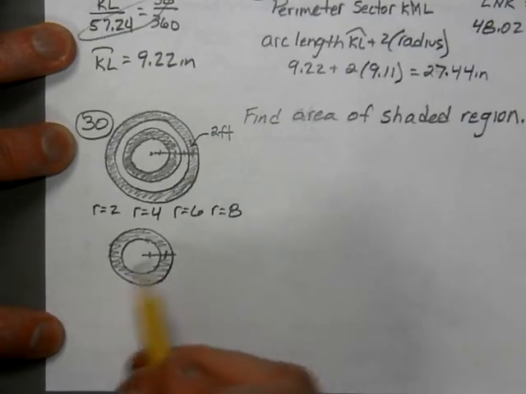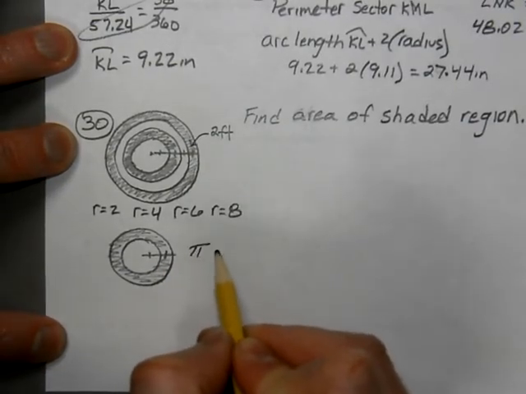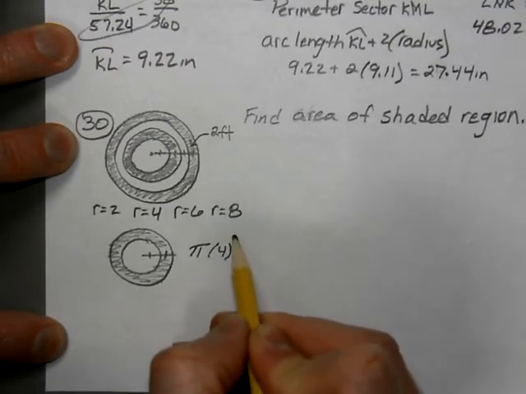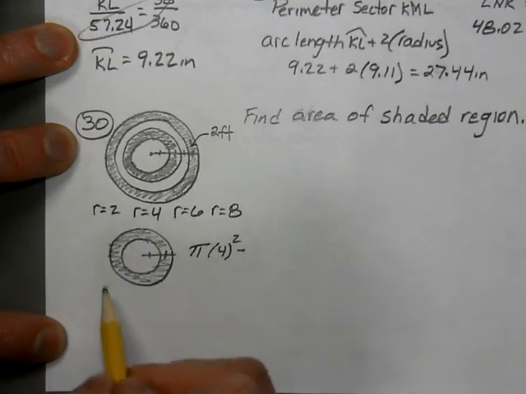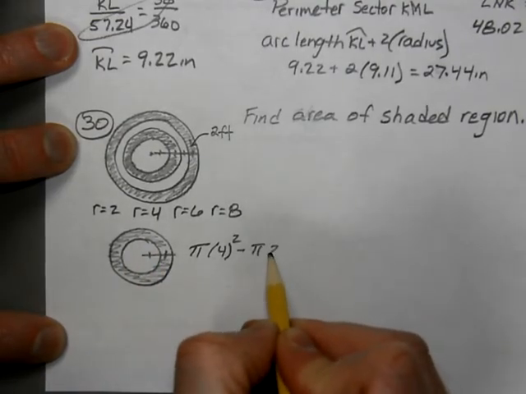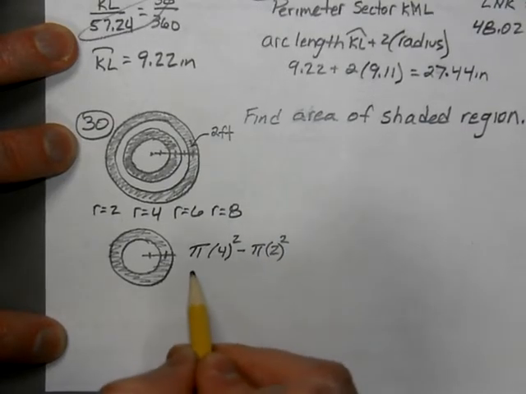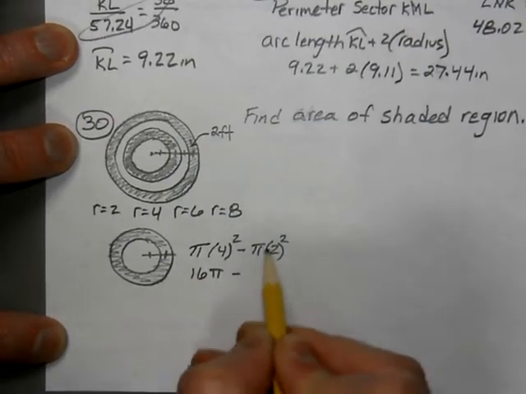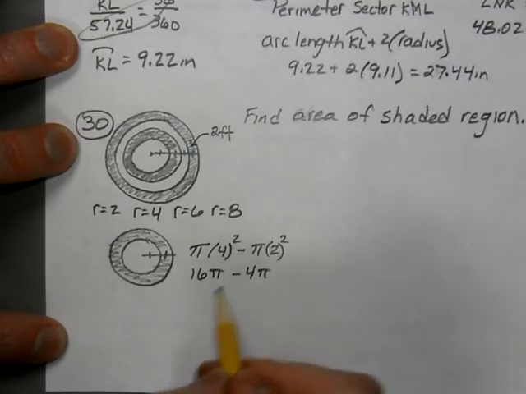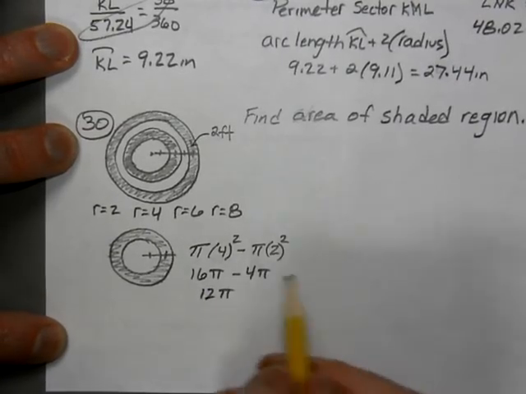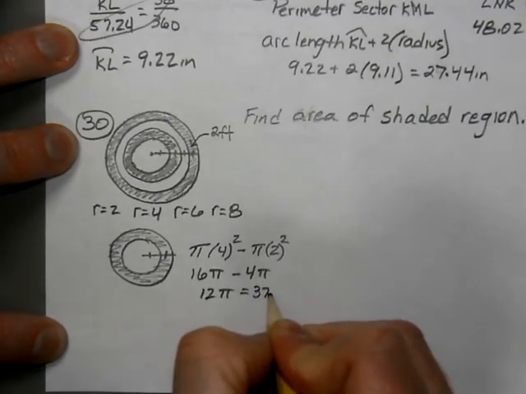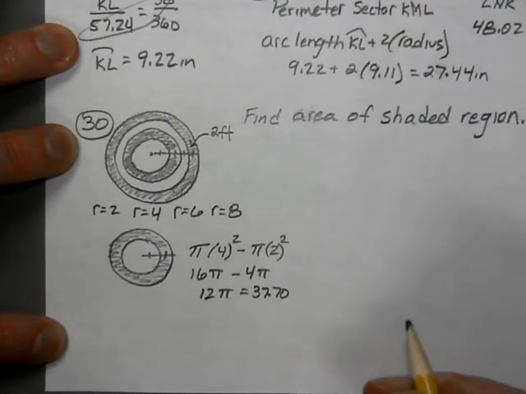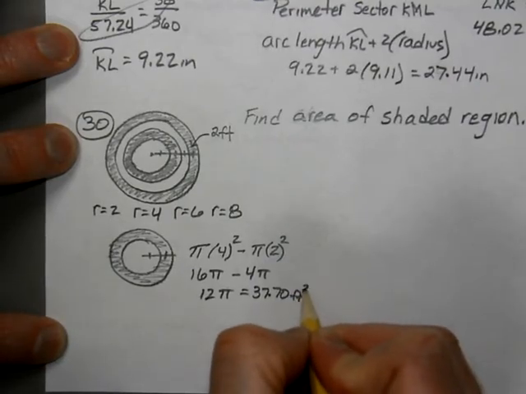I'm going to take the large circle, which is pi r squared, 4 squared, and I'm going to subtract this inside out of the big area of the circle, which is pi 2 squared. So that gives me 16 pi minus 4 pi, which comes out to be 12 pi, which by decimal version comes out to be 37.70. And those units are feet squared.